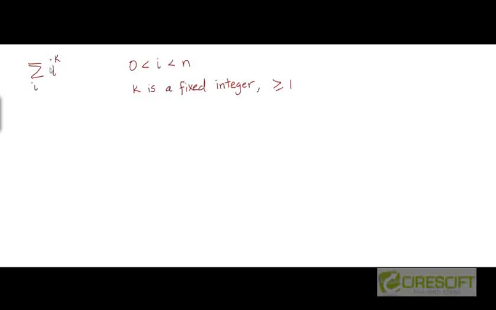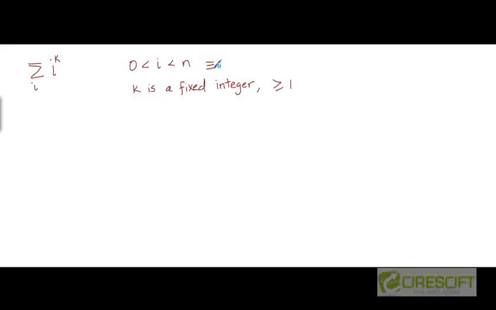So we need to ascertain what the rate of growth of this function is. The first thing that we'll do is we'll exactly identify the values that i is taking. So we are given in this somewhat indirect form that i is greater than 0 and less than n.